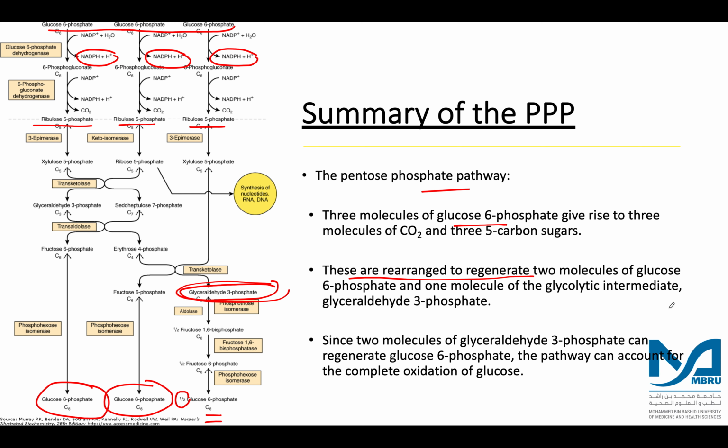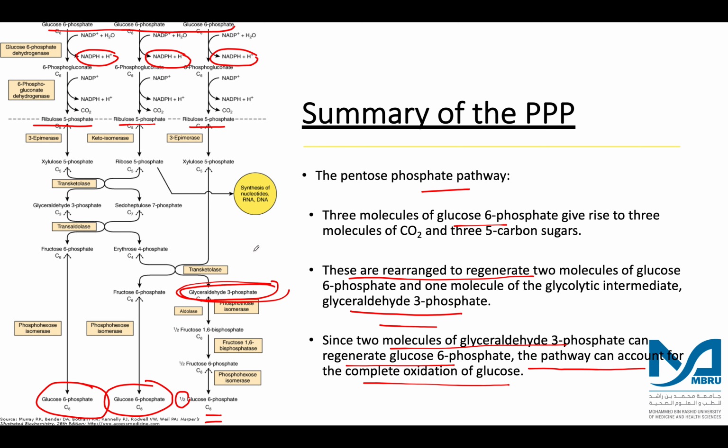So it will lead to the production of glyceraldehyde 3 phosphate, and 2 molecules of glyceraldehyde 3 phosphate can regenerate glucose 6 phosphate back, and therefore the pathway actually accounts for the complete oxidation of glucose. So we start with glucose 6 phosphate, we get back glucose 6 phosphate by several rearrangements that happen in the process.